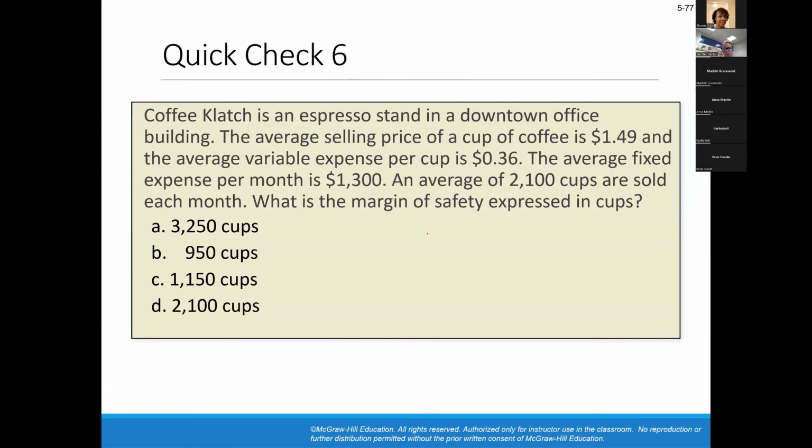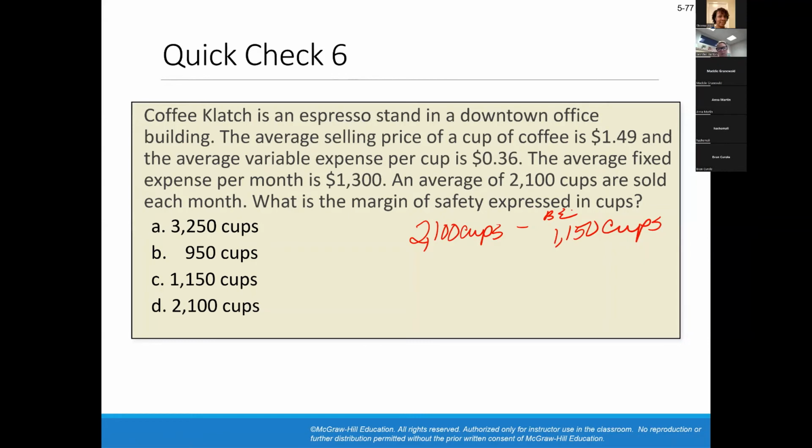All right, so we have sales of 2,100 cups. Our break-even, when we calculated that out, we got 1,150 cups. So to calculate the break-even cups, we used our fixed cost, which was 1,300, and we divided it by the contribution margin, which was 1.13.